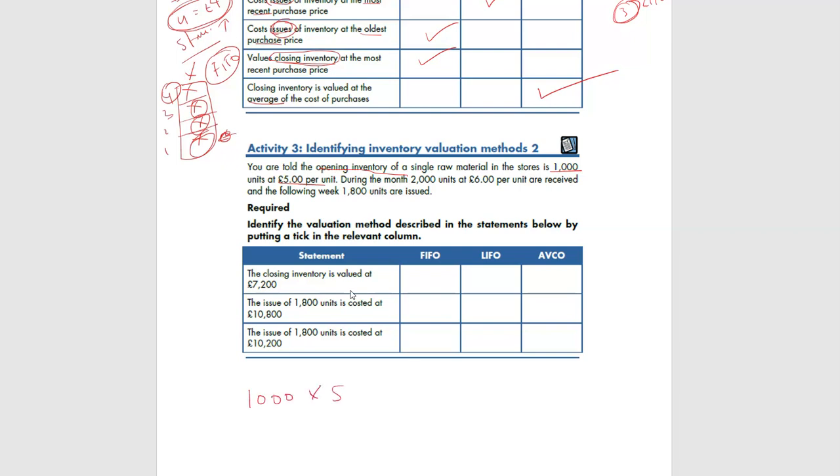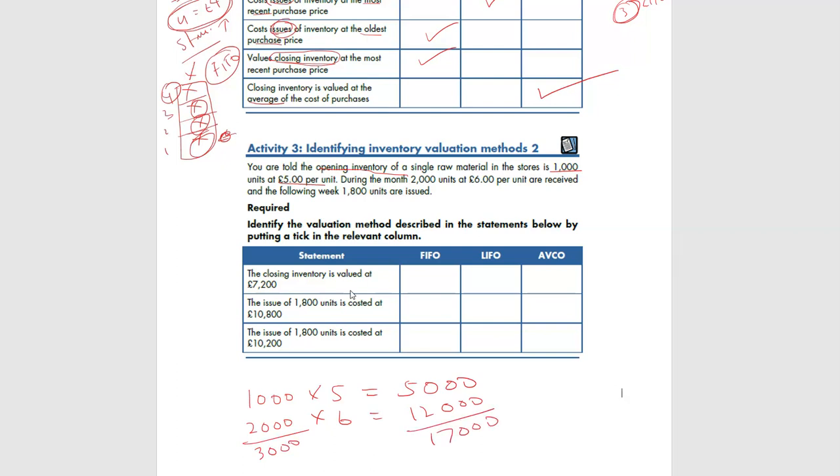During the month 2000 units are received, so we have 2000 more. So 2000 times 6 is 12,000. So in total we have 3000 units. Then after that they said the following week 1800 units are issued.